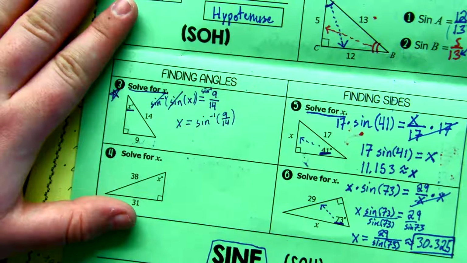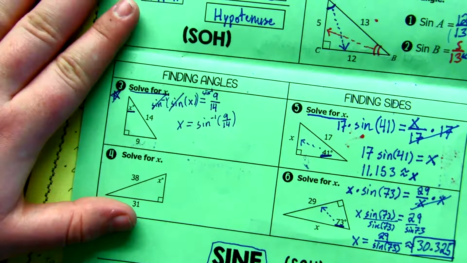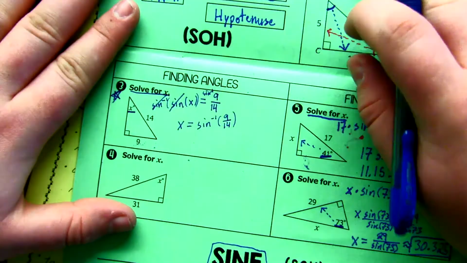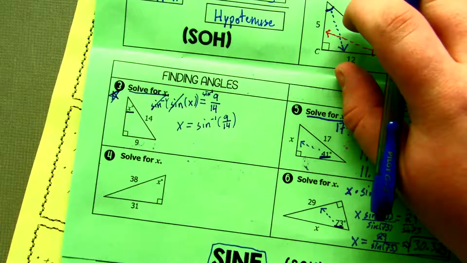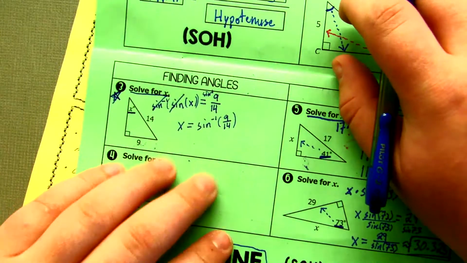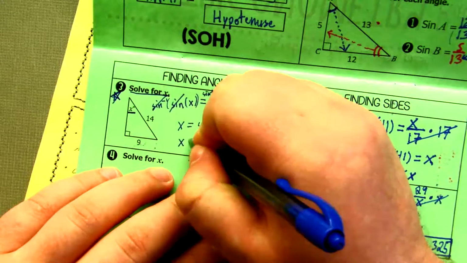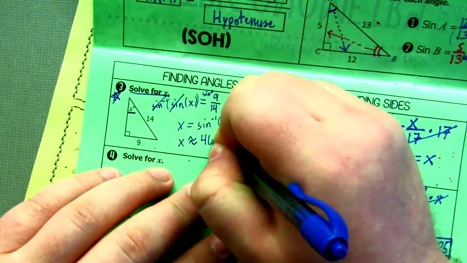We will go to the nearest degree. Awesome. Yeah, so I'm seeing it in the chat from a couple people. Our answer is x is approximately 40 degrees.